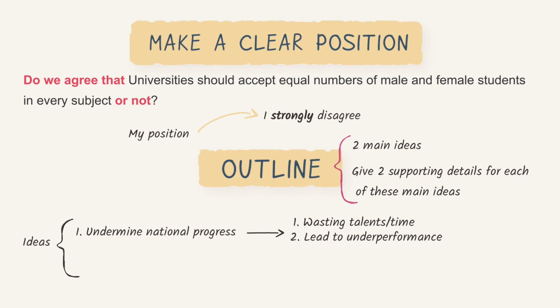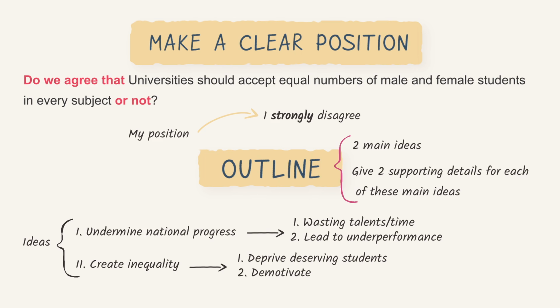And my second main idea is that it creates inequality. And there are two supporting details for this. The first one is that it deprives deserving students, and then it demotivates students. These are my two supporting details for that main idea.